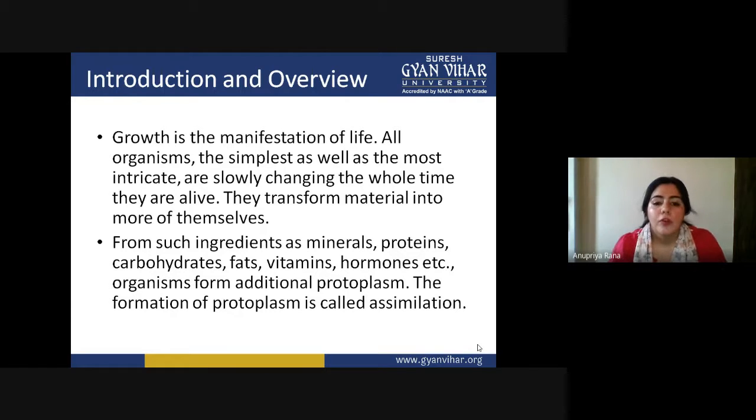The formation of protoplasm is called assimilation. All the nutrients add up in our protoplasm and work for our development. That process is known as assimilation.